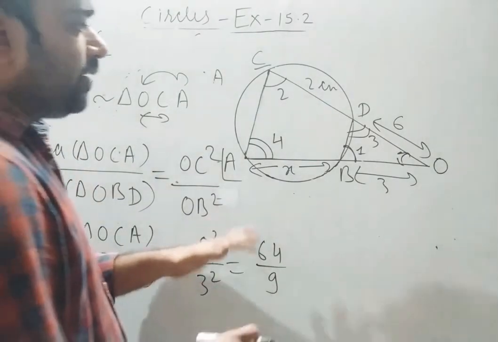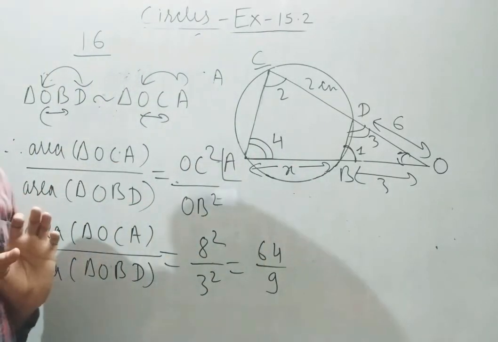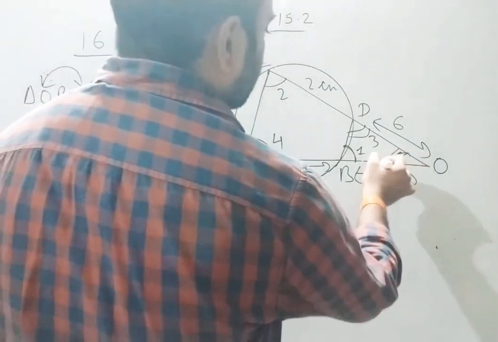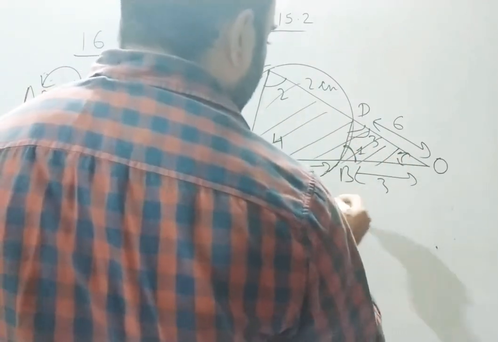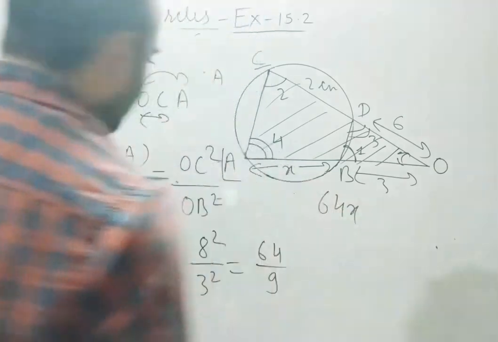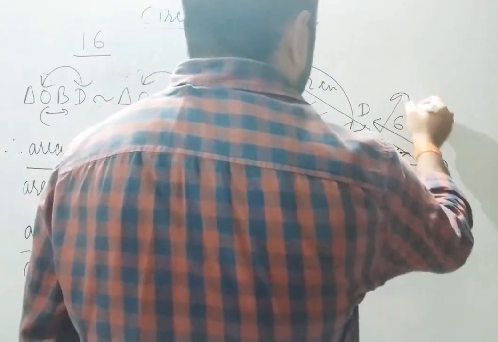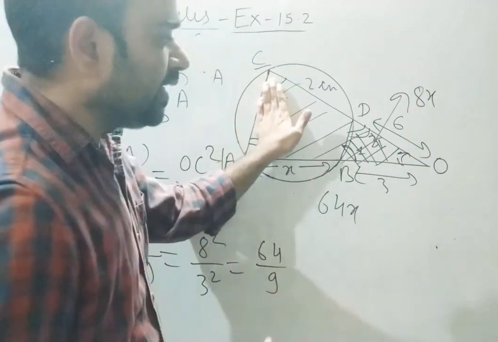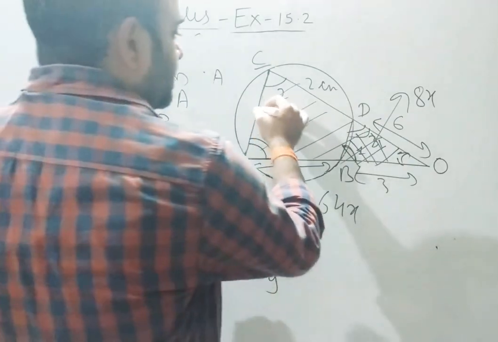So it means area of OCA, we can take 64x. It means this complete is 64x, correct?